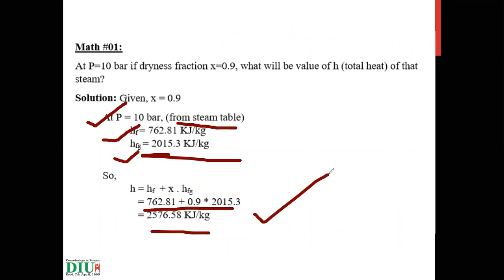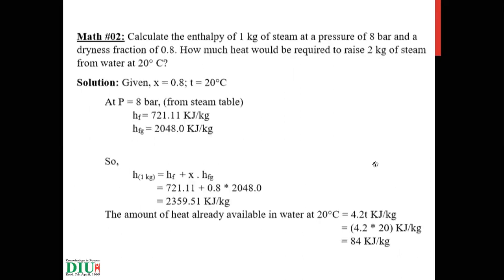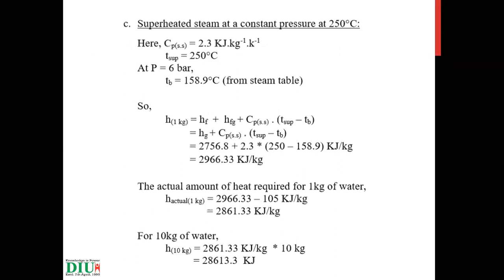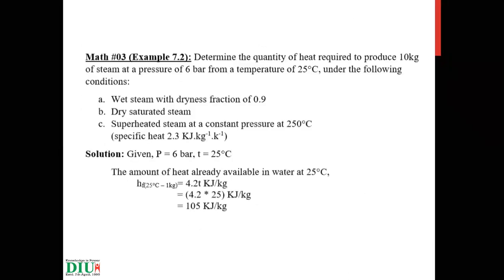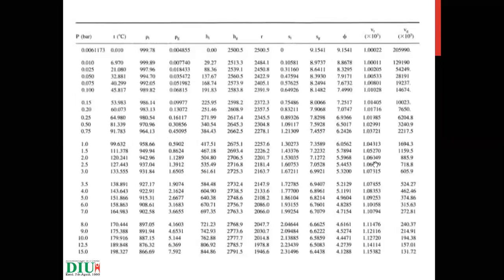So this is how we will use the steam table to solve the different types of examples. Today we will not continue with the next example. You check by yourself first at home, and in the next class we will discuss the rest of the examples, so that it gives you a much clearer idea.